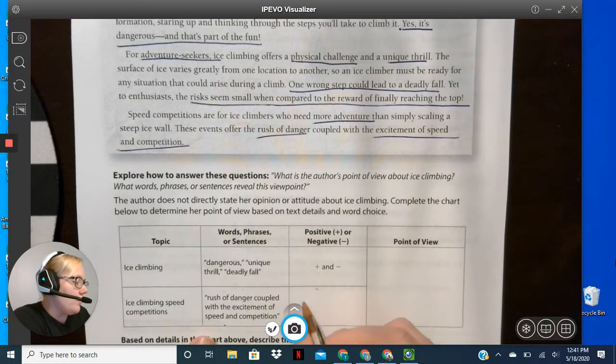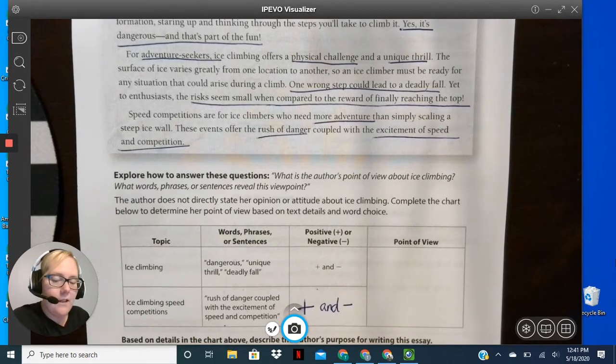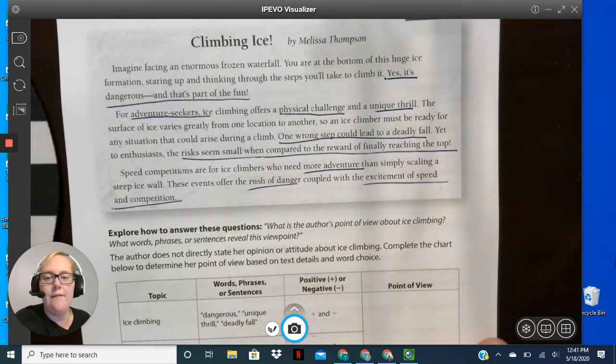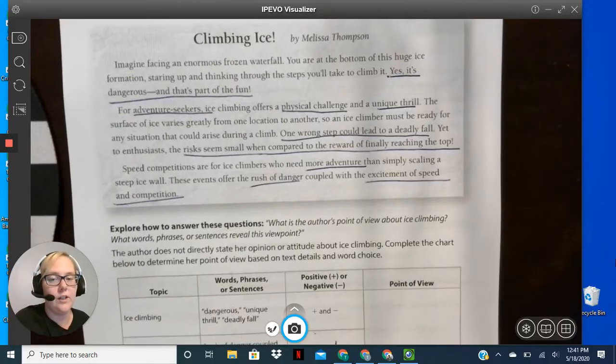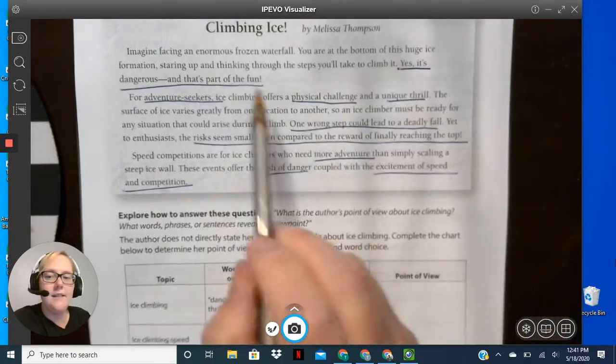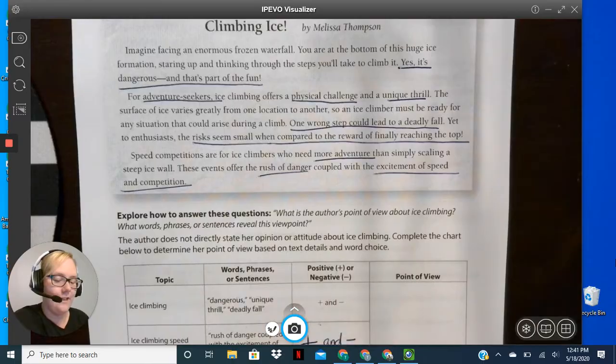Those are also some positive and negative. But if I look back up here at the first paragraph, she gives me a really good clue to how she feels. She says, yes, it's dangerous, and that's part of the fun.